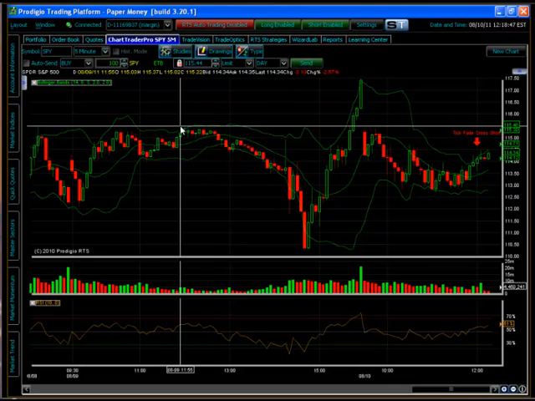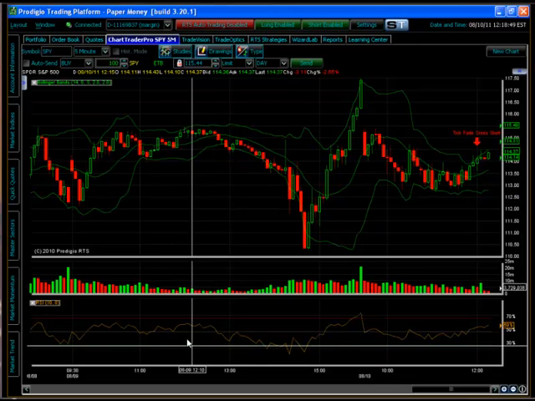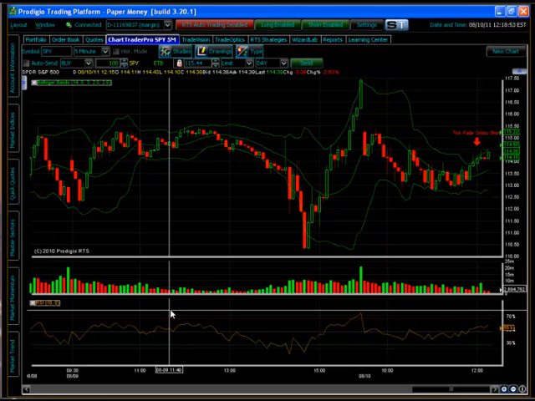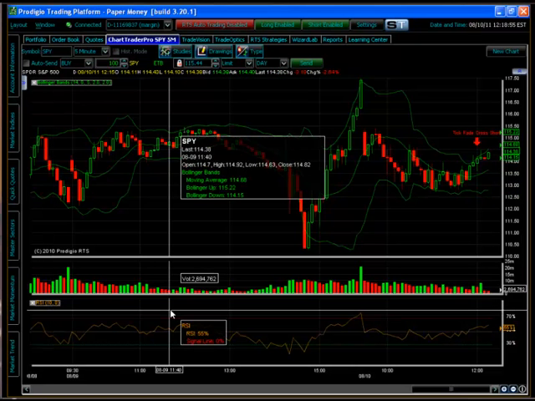And also, notice what happens with the RSI. This is actually a 10-period RSI that I'm looking at. When you use periods of RSI, the periods that you look at make all the difference in the world.